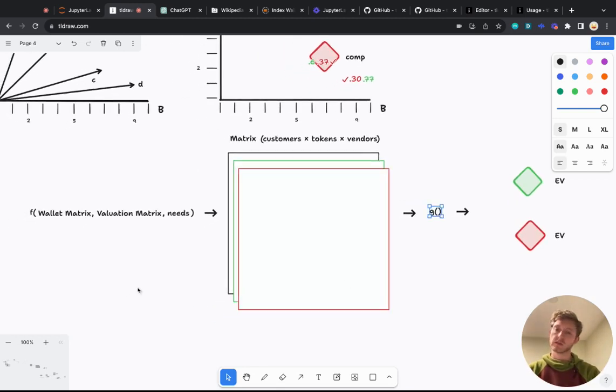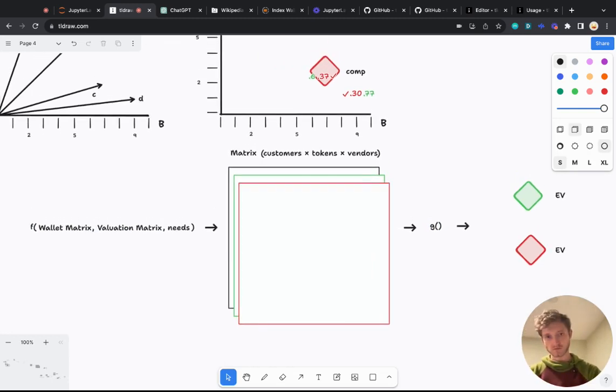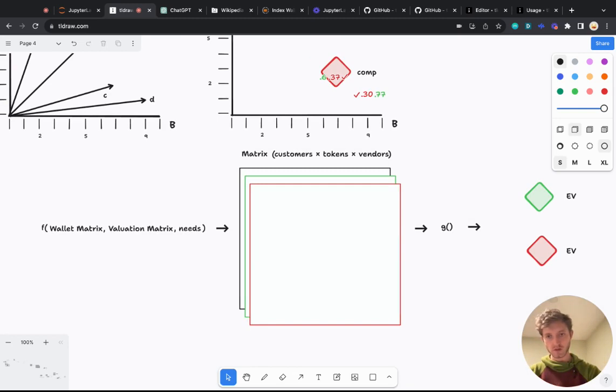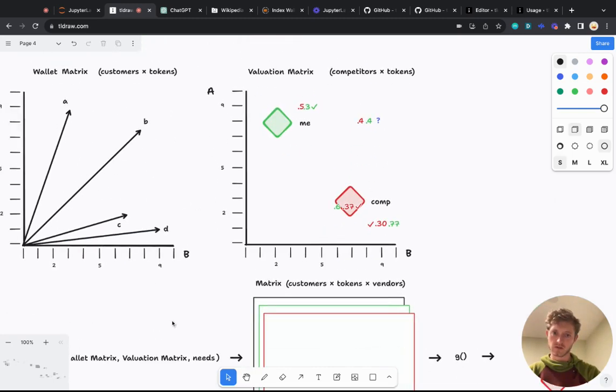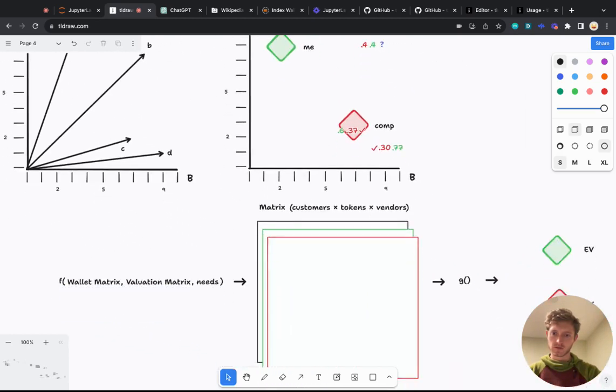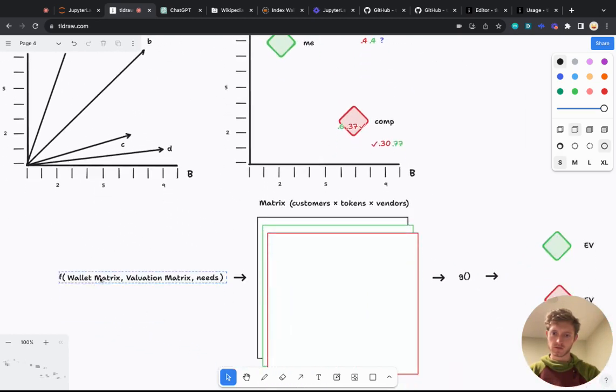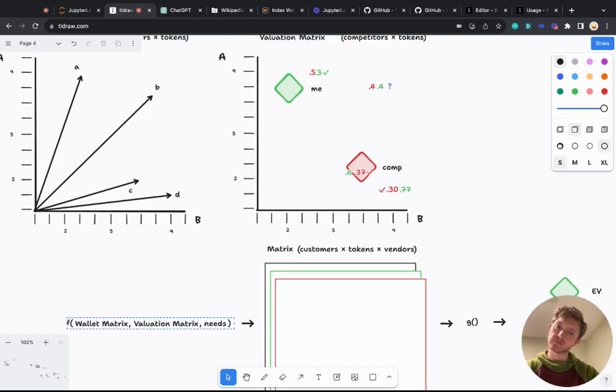Wait a second. So you have your wallet matrix, you have your valuation matrix. Your wallet matrix.